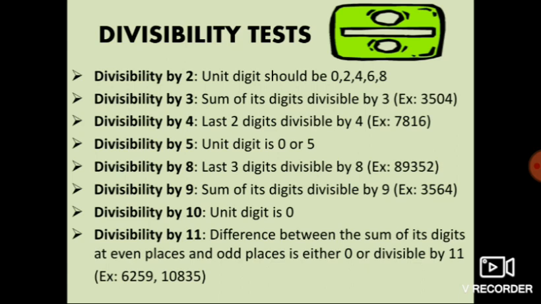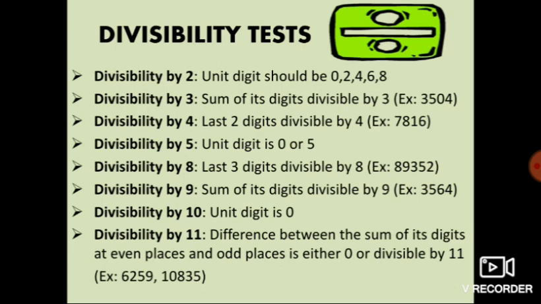We sum up all the digits of that number and then see whether the sum is divisible by 3. For example, 3504. 3 plus 5 is 8. 8 plus 4 is 12. 12 is divisible by 3. So therefore 3504 is definitely divisible by 3.